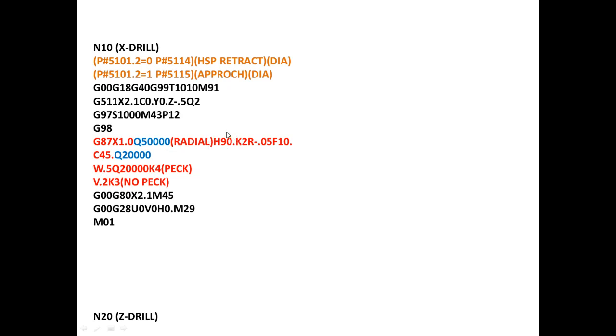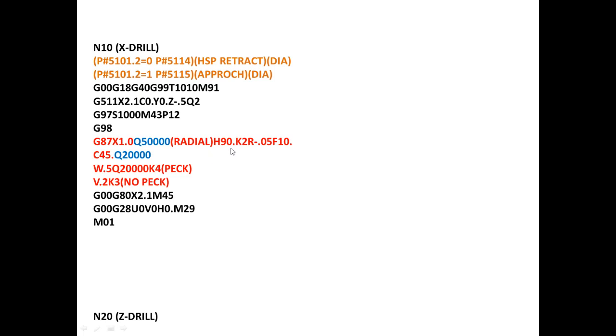In this case, let me go a little bit more. H90, so your C-axis incremental value is 90 degrees. How many times is designated by the K? So twice. This program will drill at the first 90-degree index and drill the peck cycle to X dimension, a 1-inch diameter.